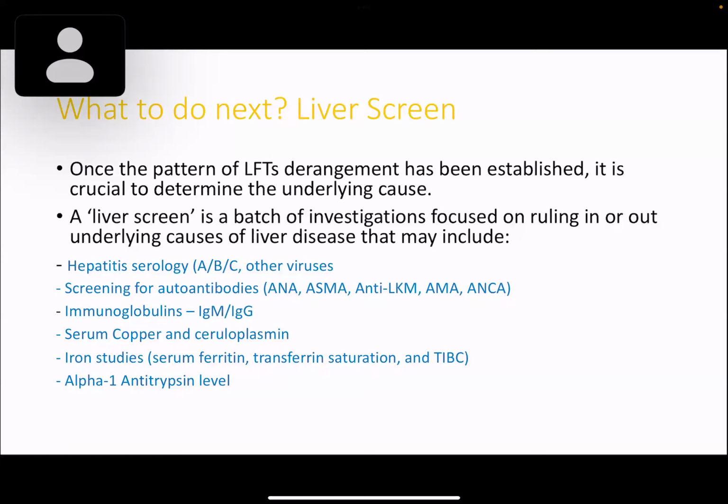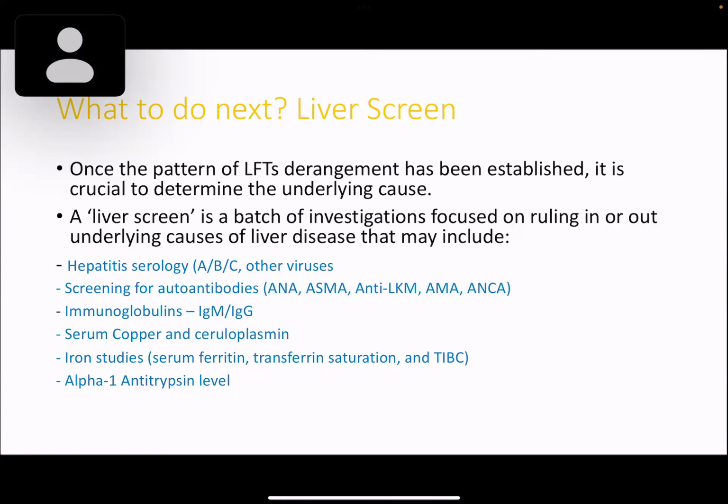So if the patient has an abnormal liver function test, after interpretation and suggestion of a possible diagnosis, the next step is to investigate the underlying cause of the liver disease. Commonly, we perform serology for viral hepatitis, especially hepatitis A, B, and C, and other non-viral hepatitis if serology for the classical viral hepatitis is negative.